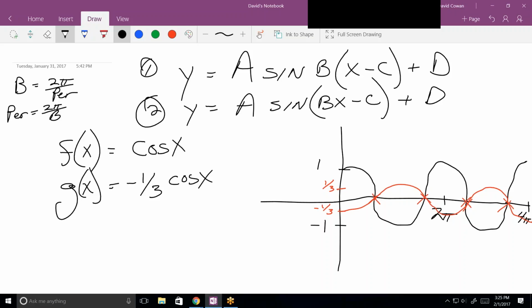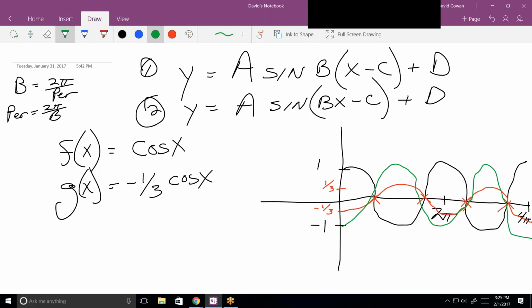Now, generally when I'm tutoring this stuff, I like to do each transformation separately in a different color. So maybe the first one I might have done would be the negative sign. Of course, the negative sign is, as you said, just a reflection of the parent function over the x-axis.